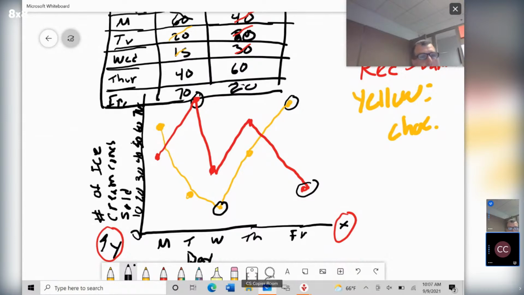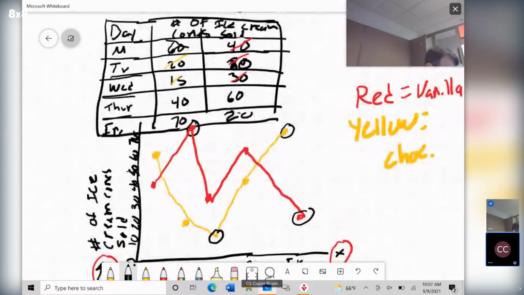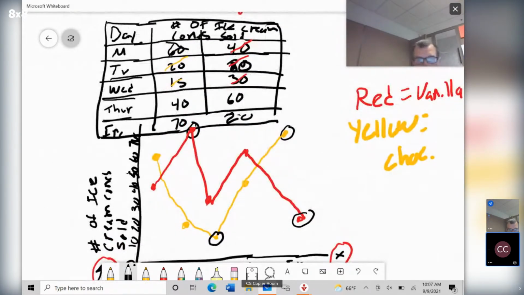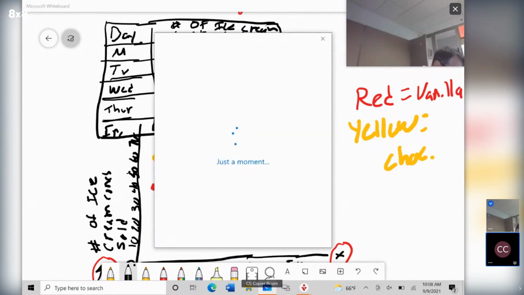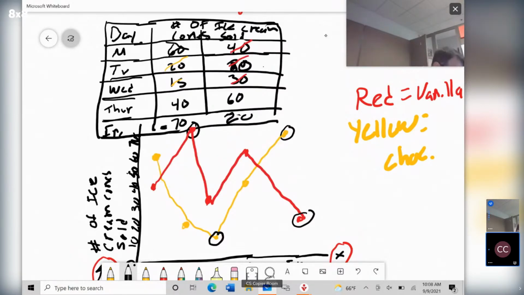Okay, so either way, you guys, you could look at the graph up here for some data. You can certainly look at the numbers and see on Friday down here, that was the most number of chocolate cones sold. And if we look at vanilla, we can certainly see, if we look up here, 80 was the most sold.